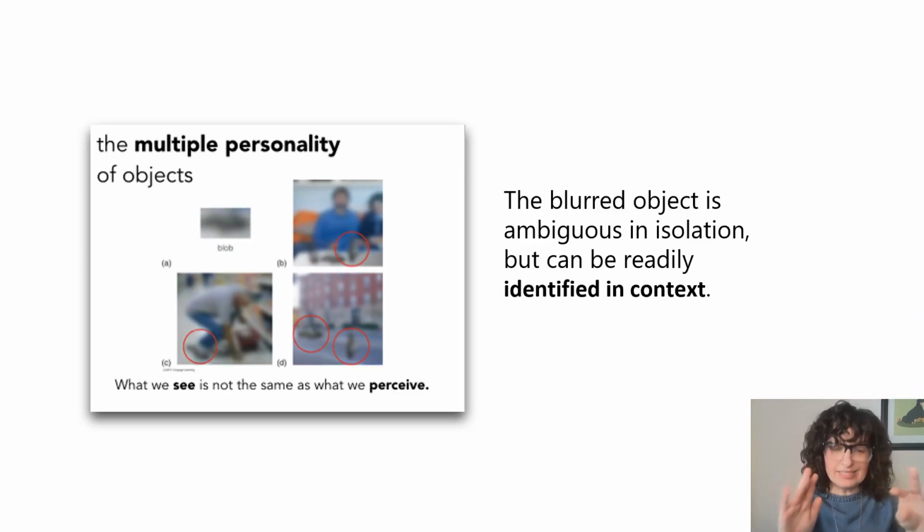And this is essentially what is being hinted at with the multiple personality of objects. The blurred object is ambiguous in isolation, but when it has context, we are easily able to recognize what the blob is supposed to be representing in the image, because context has such a big impact on how we interpret a particular scene.